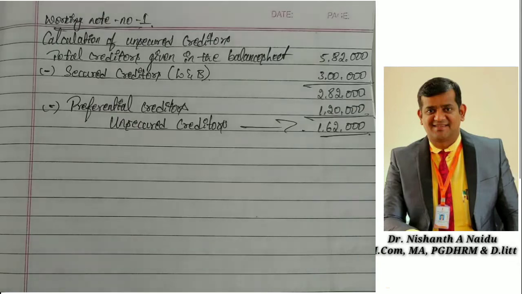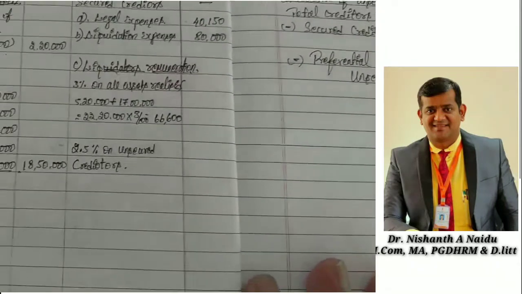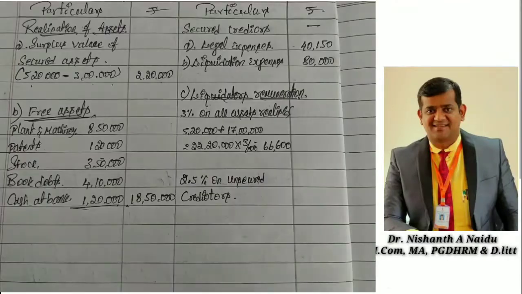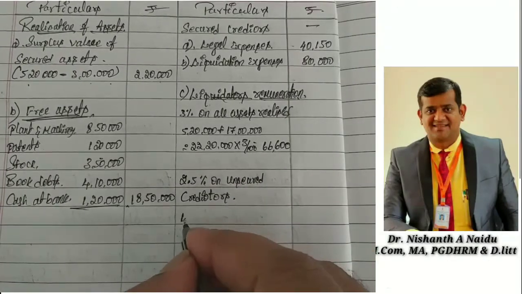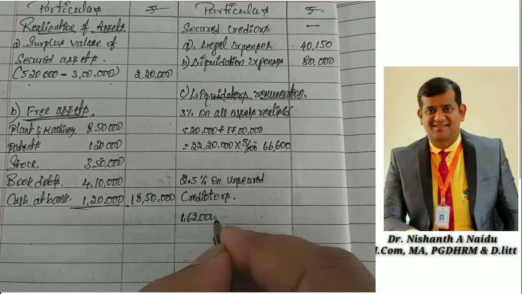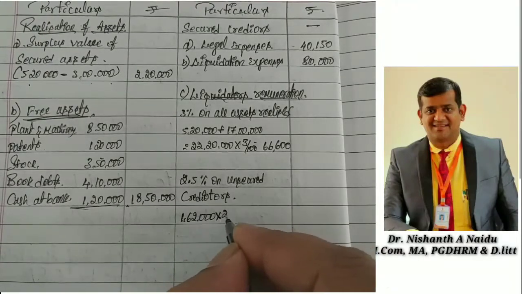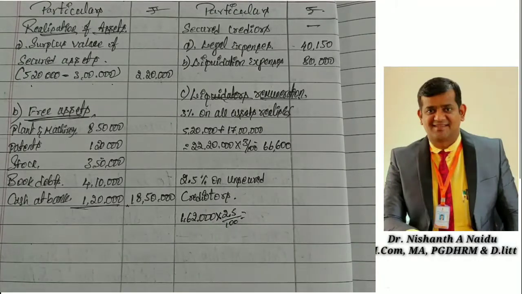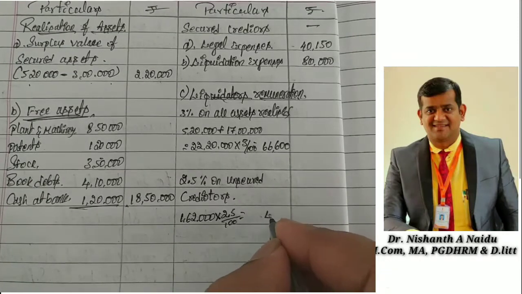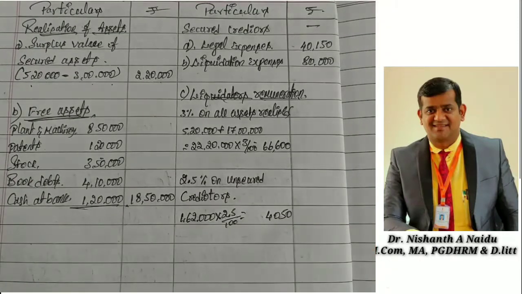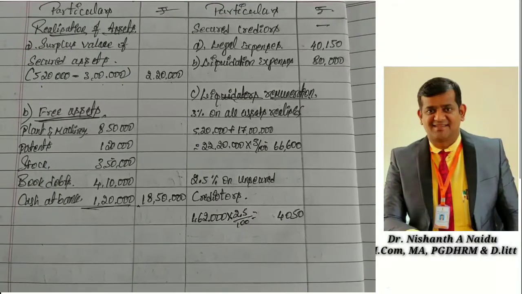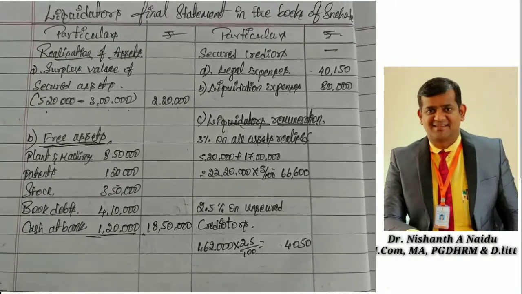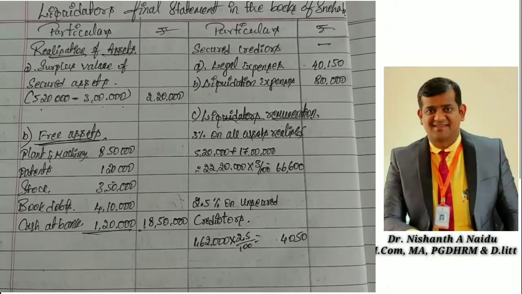So now let us calculate liquidators remuneration on unsecured creditors. How much unsecured creditors we got? 1,62,000 into 2.5%, that comes to 4,050 rupees. Now I will add this and put it in the outer column.